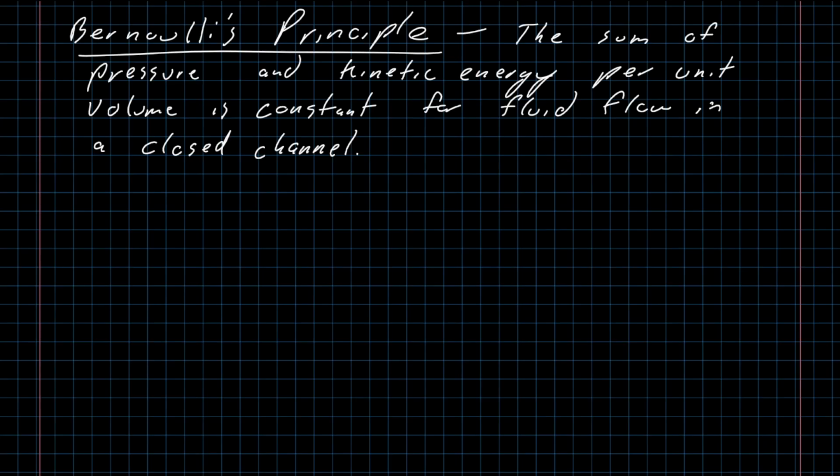That whole idea is summed up in Bernoulli's principle, which tells us that the sum of the pressure and kinetic energy per unit volume is constant for fluid flow in a closed channel.